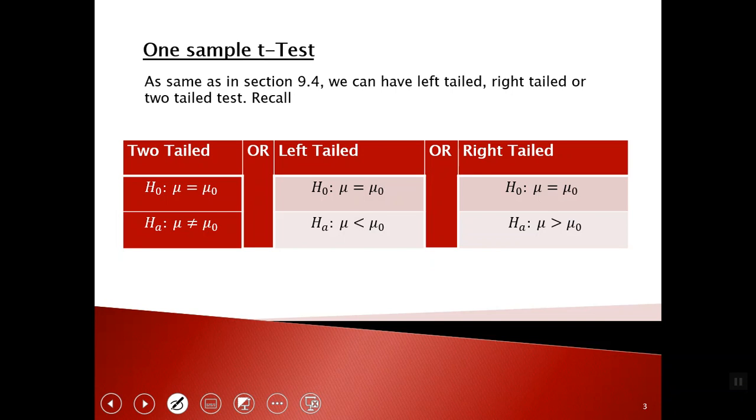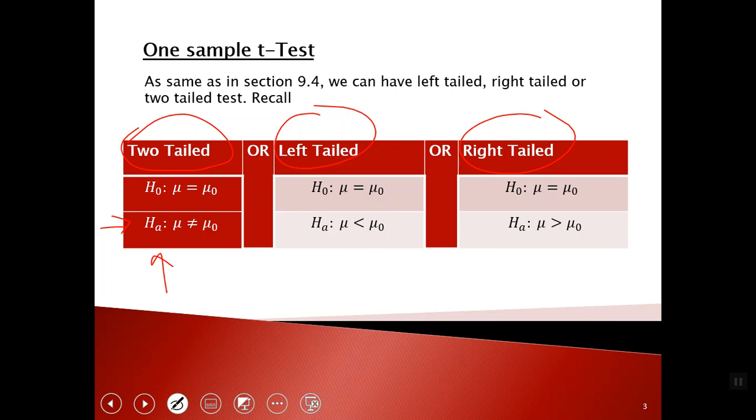You remember what we have done in the Z test case. We had two tail case, left tail or right tail. Same as Z test, in T test we have two tail test, left tail test and right tail test. Same cases, it doesn't change. When your alternative hypothesis is mu not equal mu naught, then you have to deal with two tail.